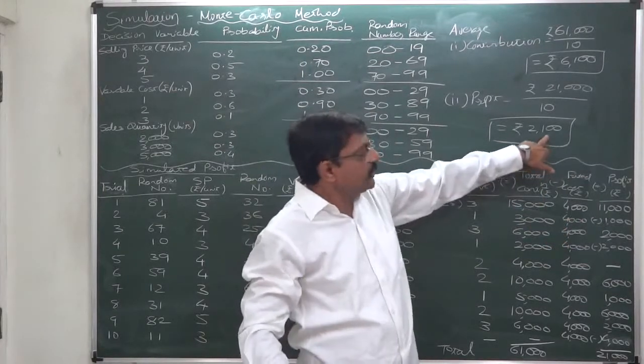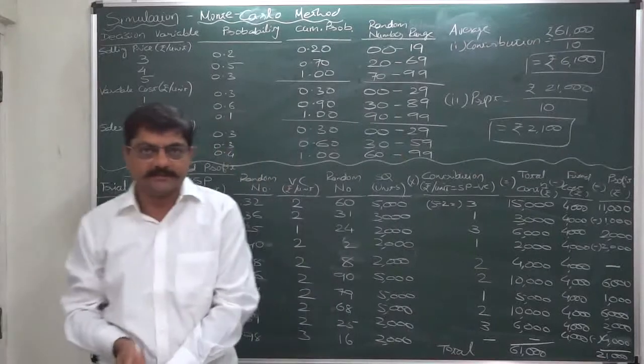The remaining amount 2,100 is average profit per trial.